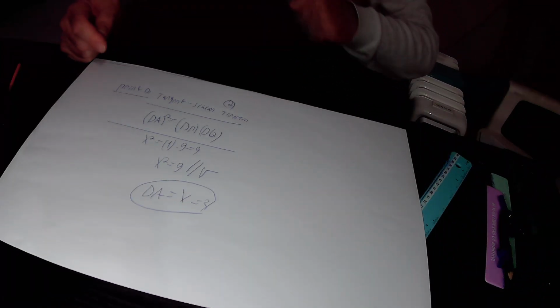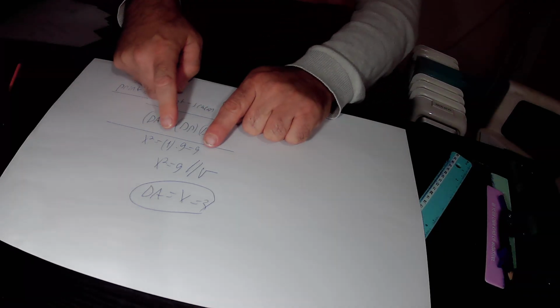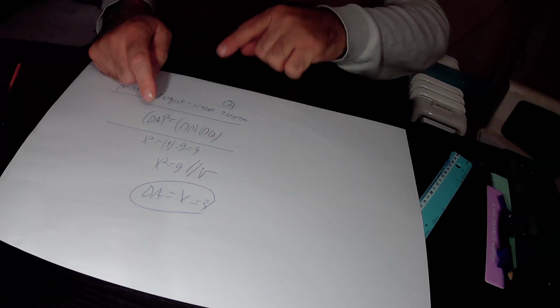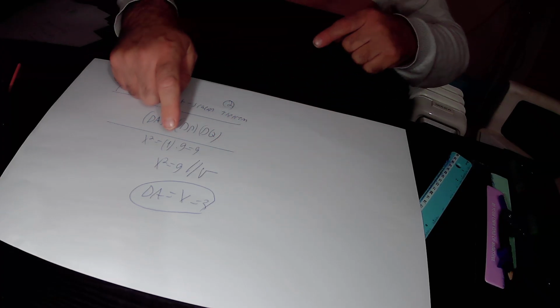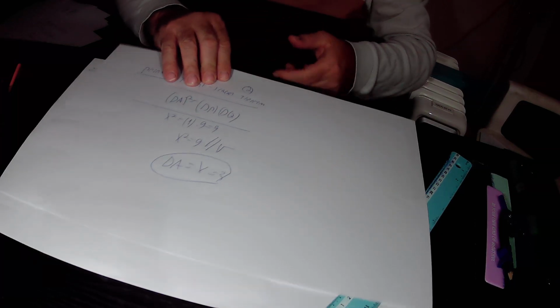So DP is 1, secant DQ in total equals 9, so x squared equals 1 times 9, that is 9. X squared equals 9, and finally we found that DA, which is x, is equal to the square root of 9, that is 3.